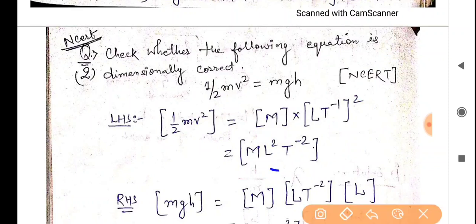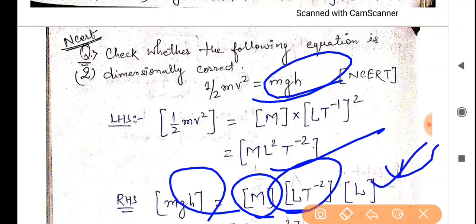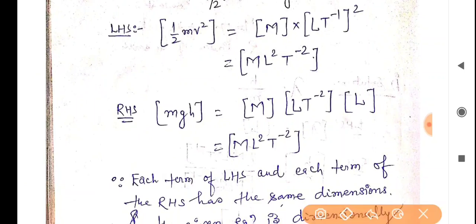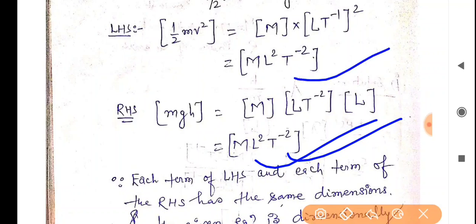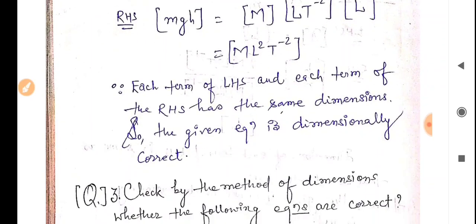So we will get ML^2T^-2. In the RHS there is mgh. M is for mass, g is LT^-2, and h has the dimension of length. So the expression becomes ML^2T^-2. Hence we see that the dimensions of LHS and RHS are the same for each term, and that's why the given equation is dimensionally correct.